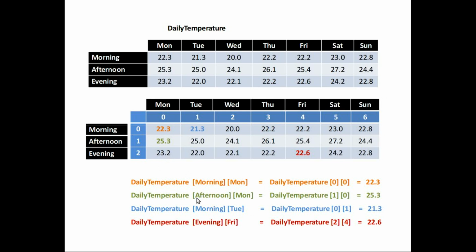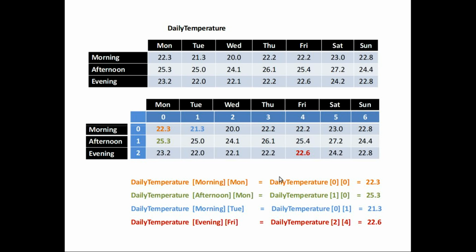The afternoon of Monday is equal to what? 1, 0, which has the value 25.3. And the temperature on the morning of Tuesday is equal to what? 0, 1.